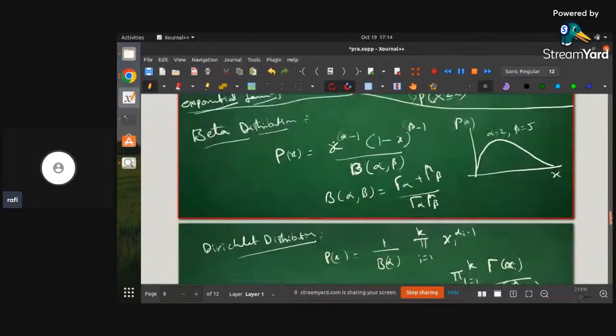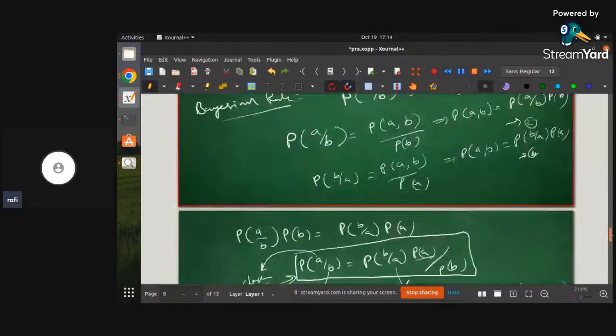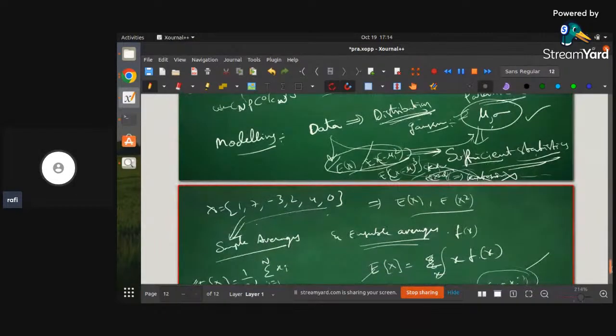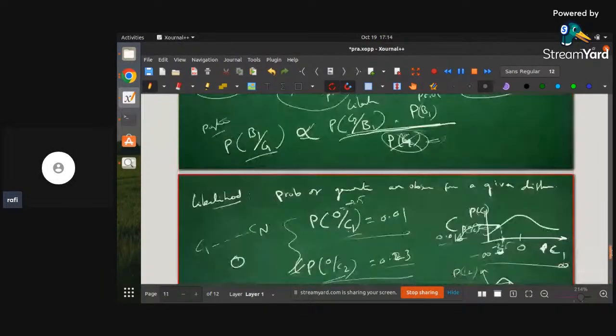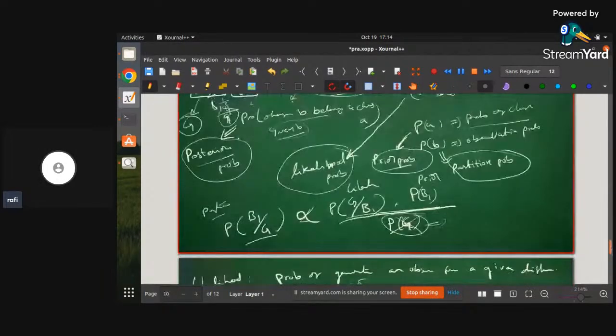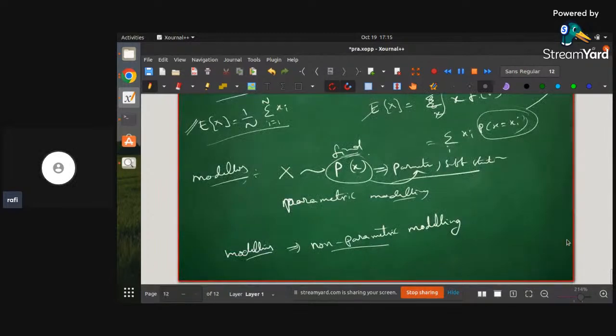Go through that. Until this, I think we can have the mid one syllabus, the first unit. I will share the PDFs or reading material for these topics.